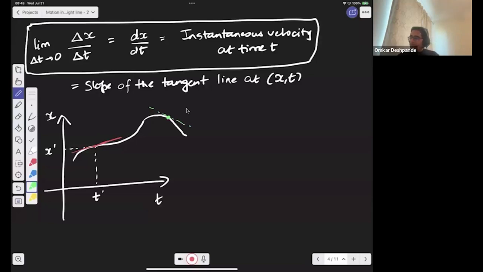The slope can also be zero, right? So at this highest point here, the slope is actually zero because the tangent line is horizontal. And that means the particle is instantaneously at rest.